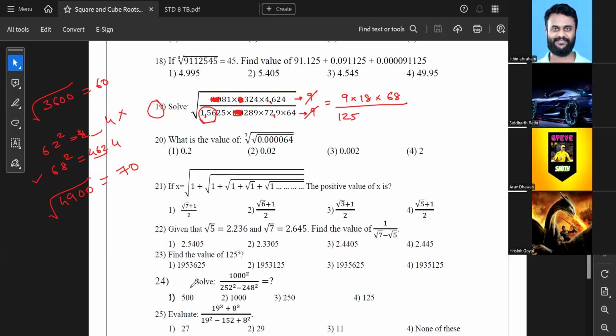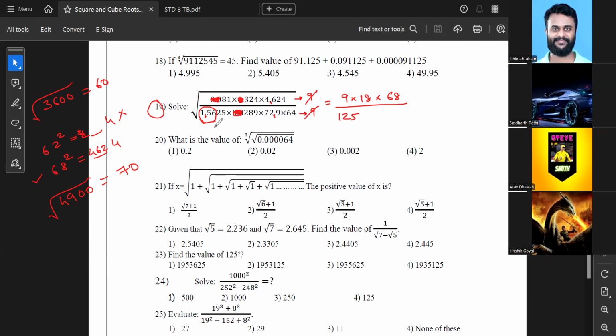Now try to take this number 156 wala ye number. Okay. Now ye 156 number, I'm just giving you a very simple technique. Try to find the nearest perfect square which is less than 156.